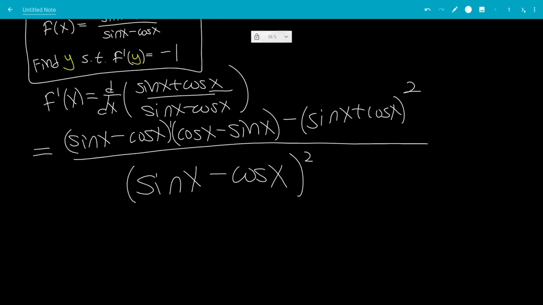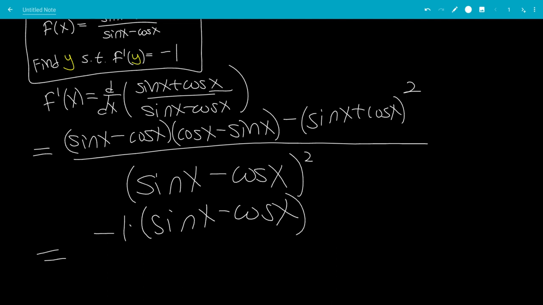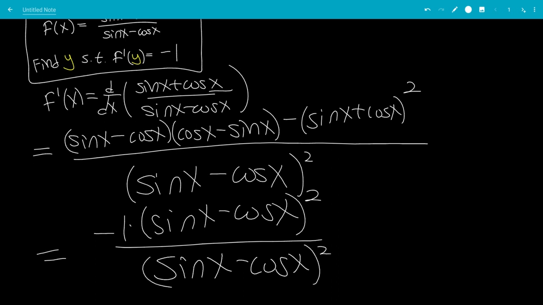Okay, but we can write this cosine x minus sine x as -1 times this term, which is sine x minus cosine x. So we're going to factor out -1, (sine x minus cosine x) quantity squared, all over (sine x minus cosine x) quantity squared. So we're going to split the fraction.